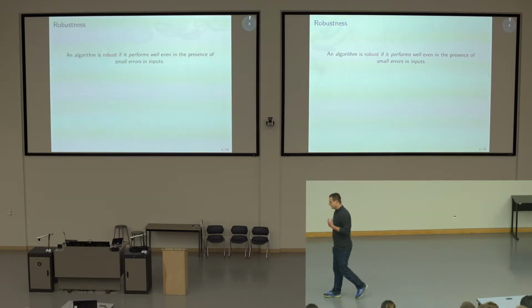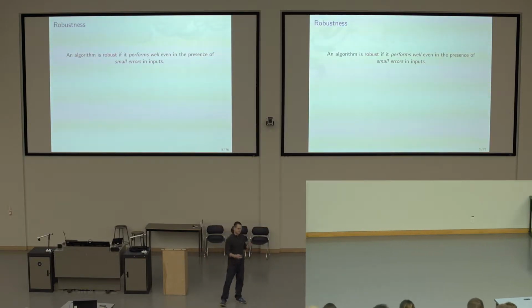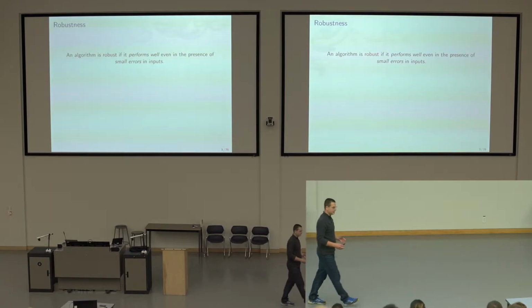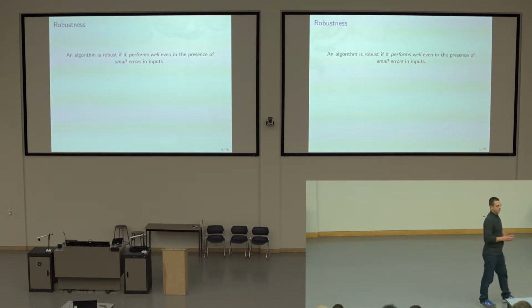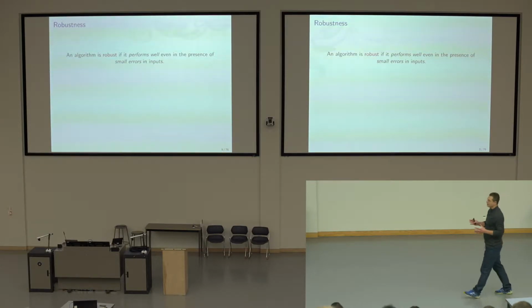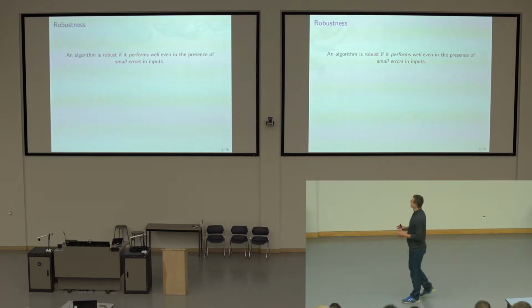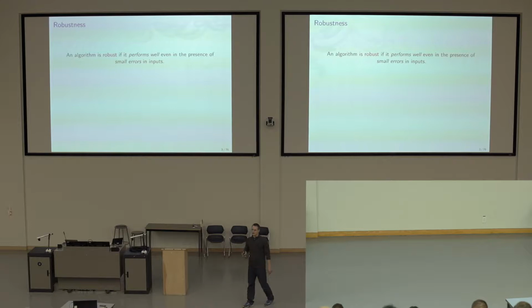All right, so I'm talking about robustness, but robustness has become a buzzword, right? Everybody wants their algorithm to be robust. Everybody talks about it. Let's make sure we understand what I mean by robustness. When I say an algorithm is robust, what I really mean is that it performs well, even in the presence of small errors in the input.